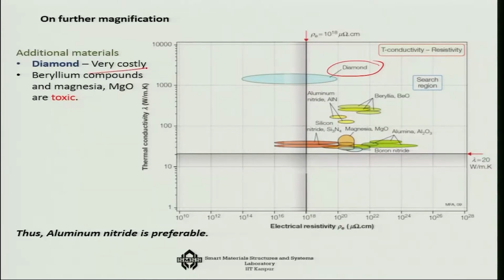Then the beryllium compounds are also there, beryllia, but I told you that beryllia is toxic. Magnesium oxide is also there, but that is also generally not used, as it is also toxic. Thus, we can see that the safe bet is actually alumina. So, alumina or silicon nitride, either of them is the safe bet for us. This is how we can select the material.